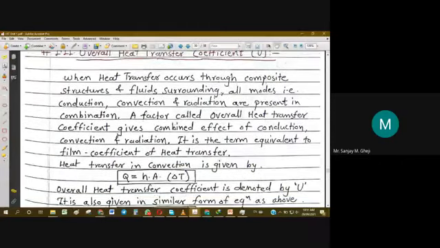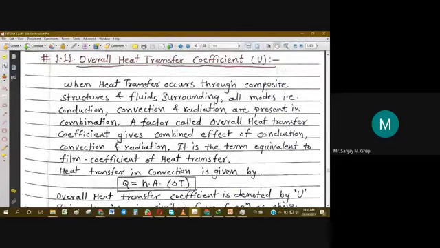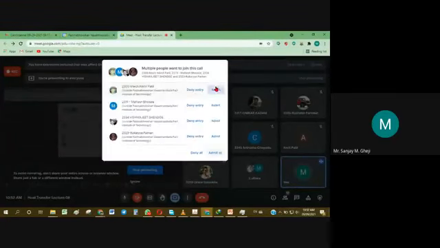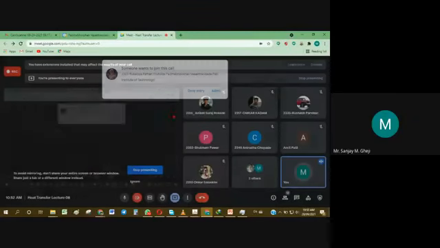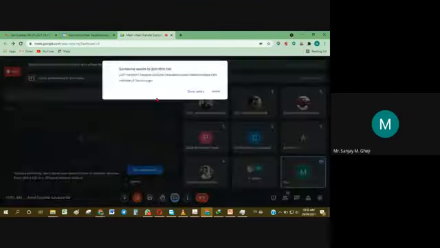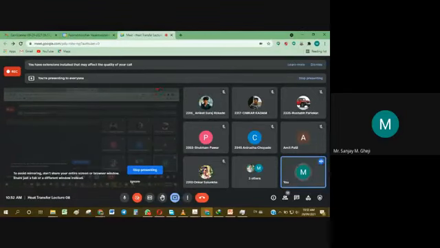So, a new term called overall heat transfer coefficient will be introduced now. Now, see what happens in practice. Whenever heat transfer occurs in practice due to temperature difference, it is never only conduction or only convection or only radiation. All three modes are working at the same time, it is like simultaneous heat transfer.